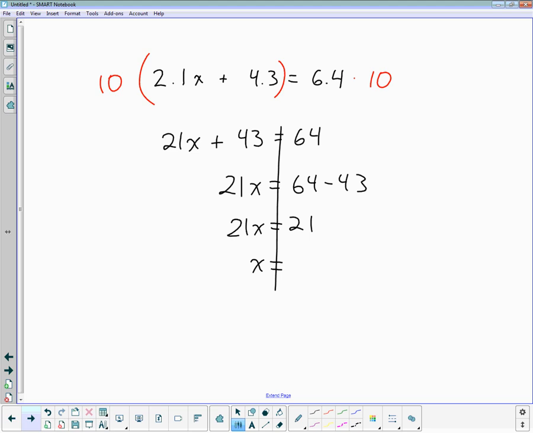What's 21 divided by 21? 1. I'm seeing way too many people telling me it's 0. Okay? Think about that. 21 times 1 is 21. 21 times 0 is 0. So you guys are confusing division and subtraction. All right? Anything divided by itself is 1.